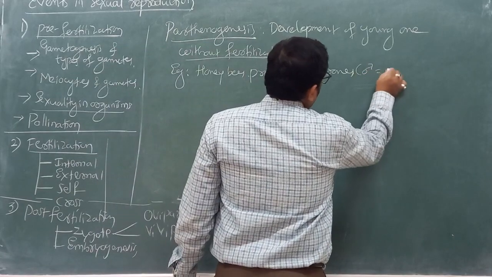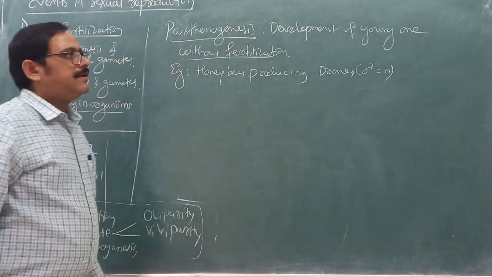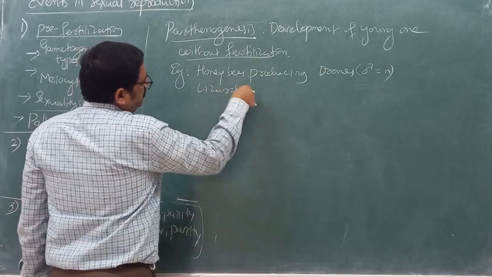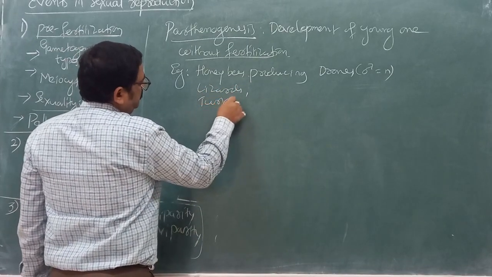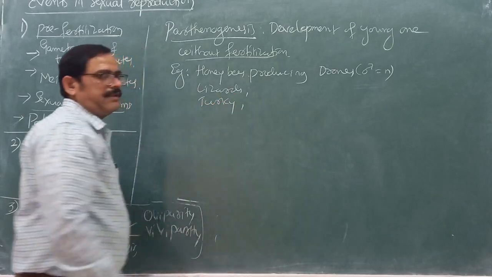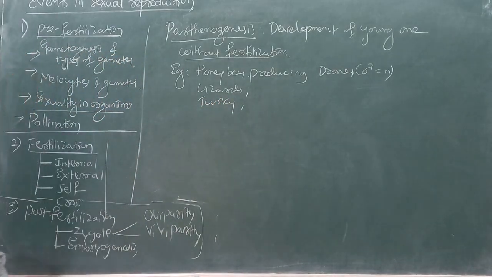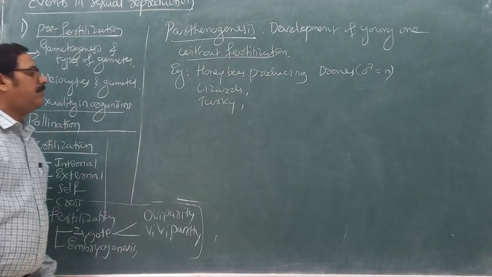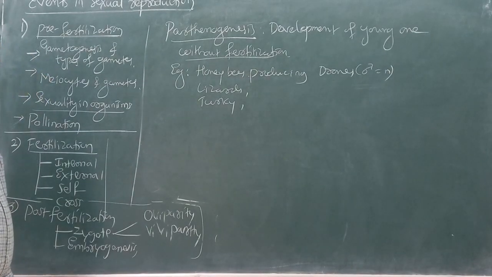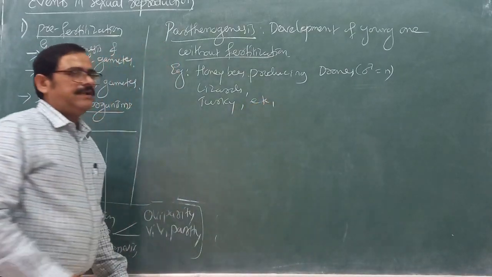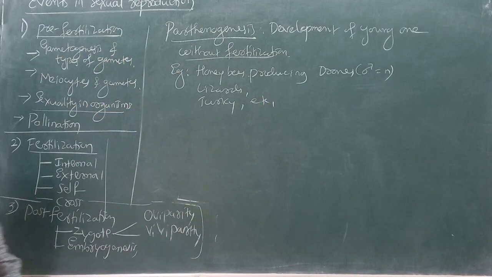Okay, males are haploid. Then parthenogenesis seen in case of certain lizards, turkey birds. Okay, yes, there is a parthenogenesis without the fertilization. Fine. So the honeybees, lizards, turkeys, and many more examples will be there, that mainly development of the young one without fertilization.